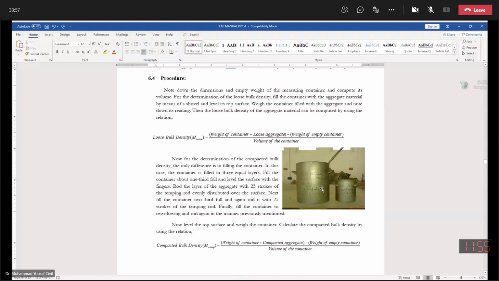So this will give you loose bulk density. And what is compacted bulk density? You can see what you will do. You will fill this container with the aggregates in 3 layers: first layer, second layer, and third layer.